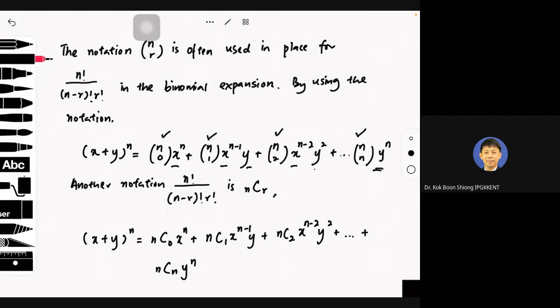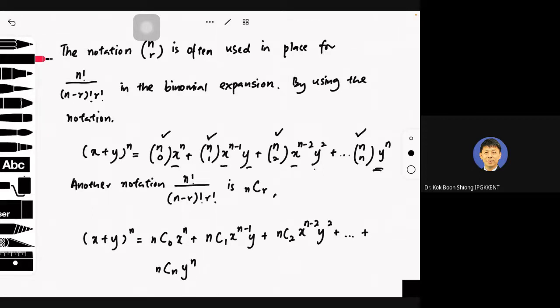So we know that this is equal to n factorial over (n minus r) factorial times r factorial. We read this as n combine r. This is a combinations formula.